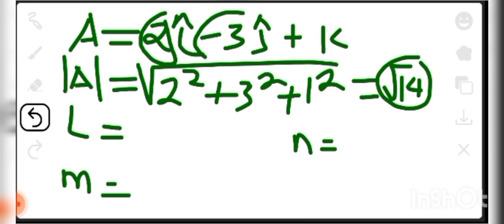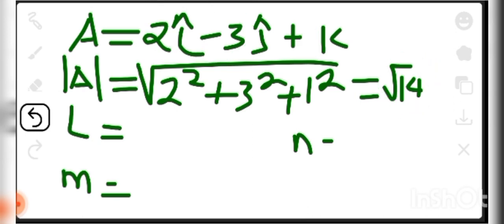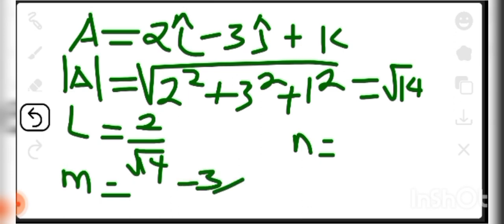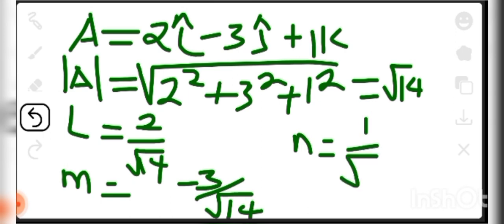Those are their respective direction cosines. So for L, the first direction cosine, we have 2 over the magnitude, root 14. And the second one, which is M, is minus 3 over root 14. And the third one will be the coefficient of k over the magnitude.